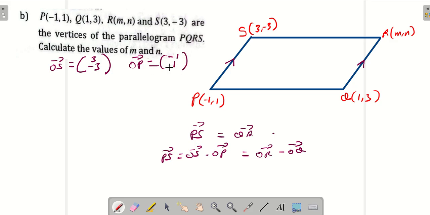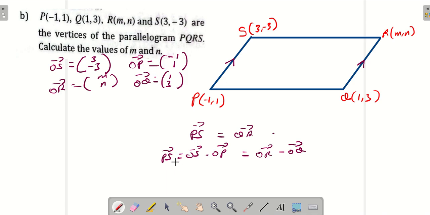Please, you have to do this part because they will mark it. Then we need to find OR, which must also be written in terms of vector, which is M, N. Then finally, OQ must be written in terms of a vector, which is 1, 3.